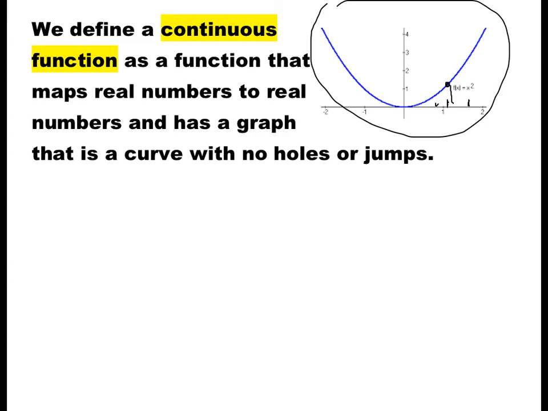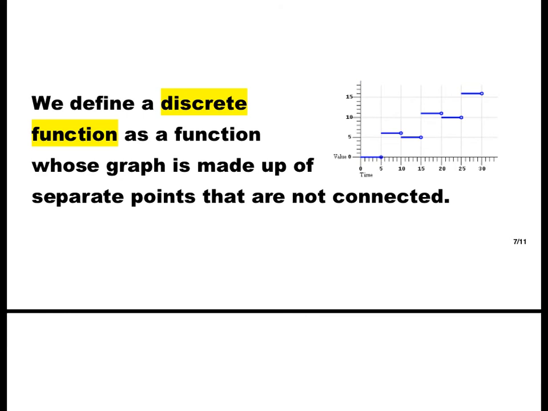Opposite to the continuous functions are what we call discrete functions. In a discrete function, as you can see from the graph to the right here, there is discontinuity in the function. The function jumps from one interval to another, or, as you can see from the graph, there are holes in your graph.